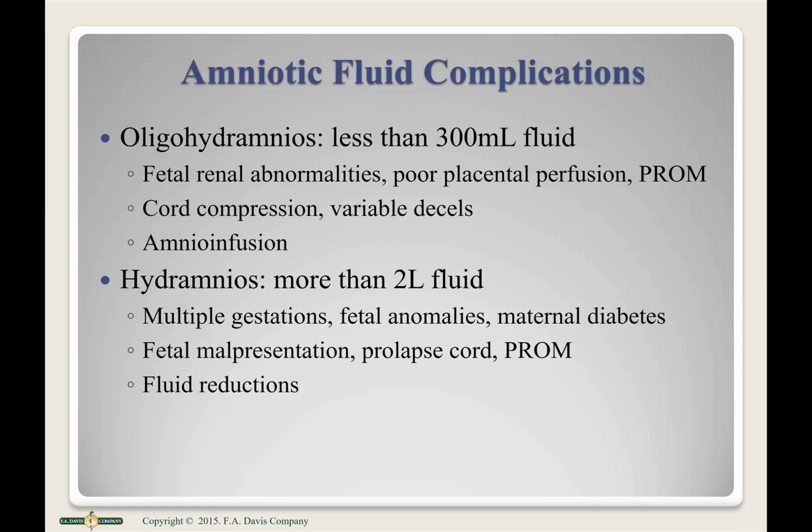If we have a premature rupture of membranes, well, of course, if your membranes rupture, you're going to have less fluid, and it's preterm. But if you're term and you're in labor and your membranes rupture, we don't then say that you have oligohydramnios because your fluid is leaking out.